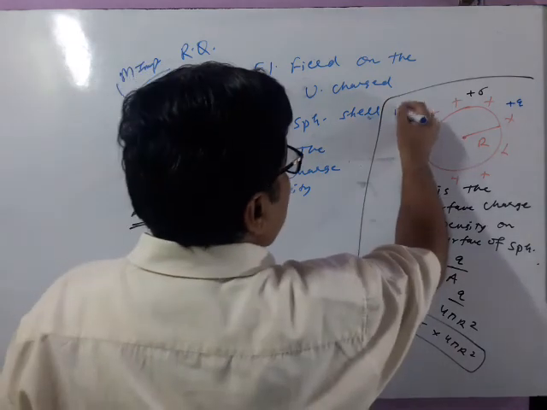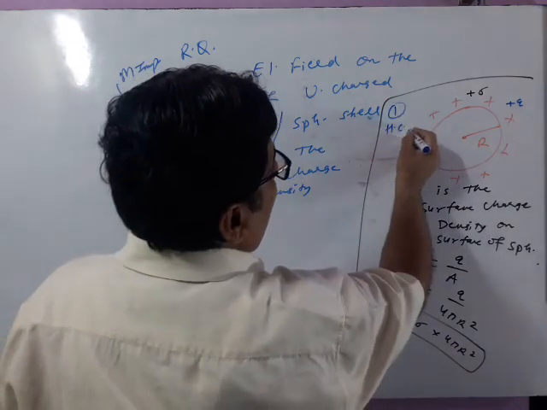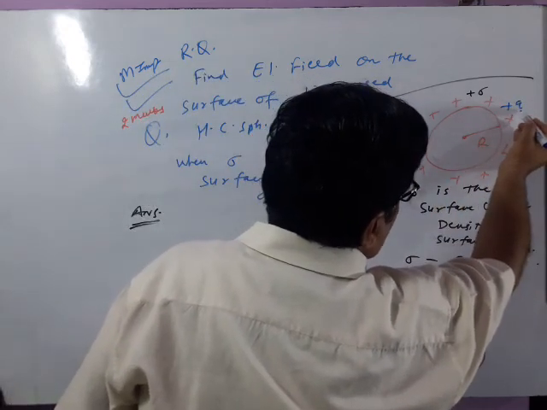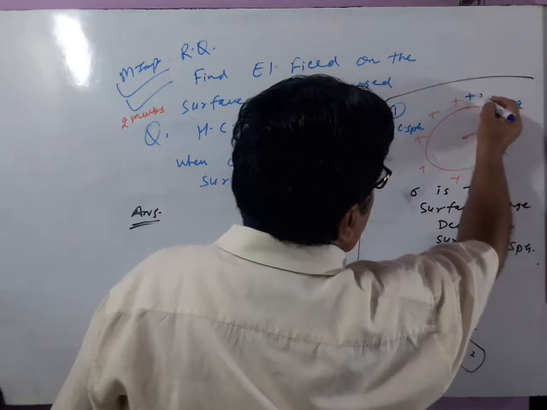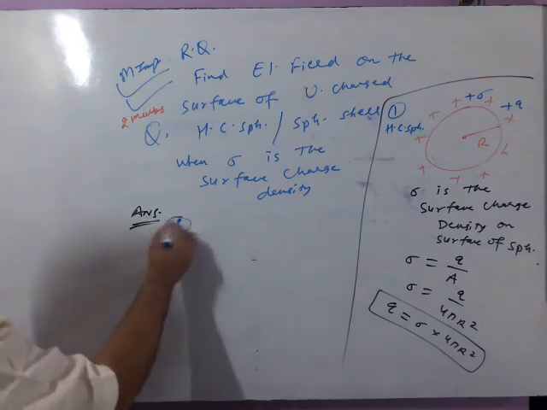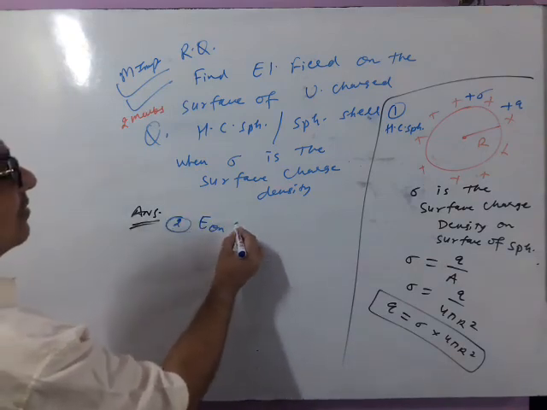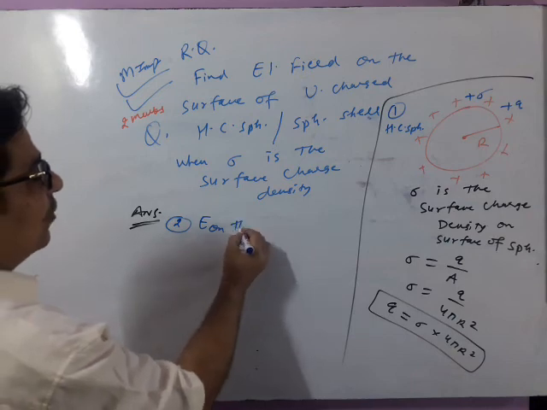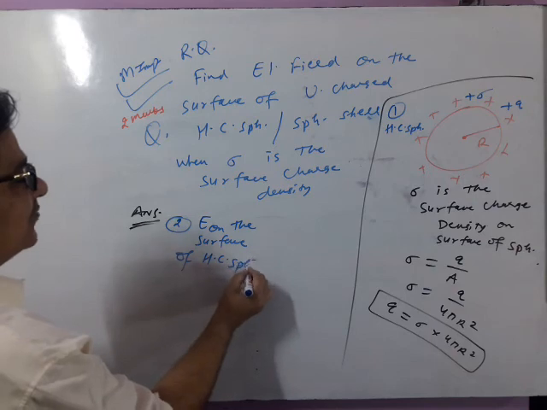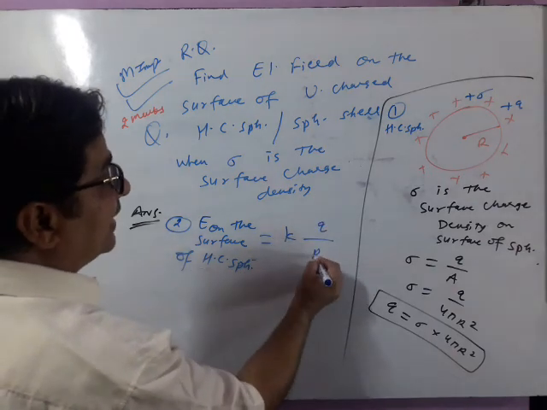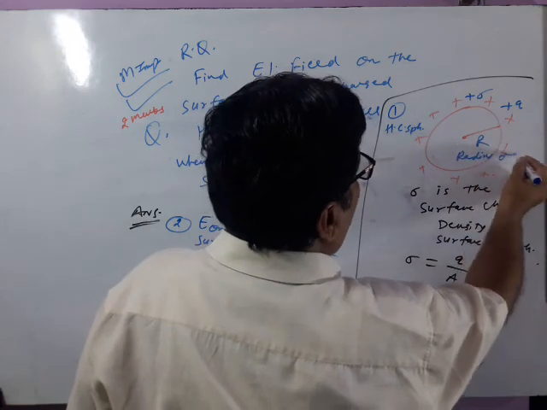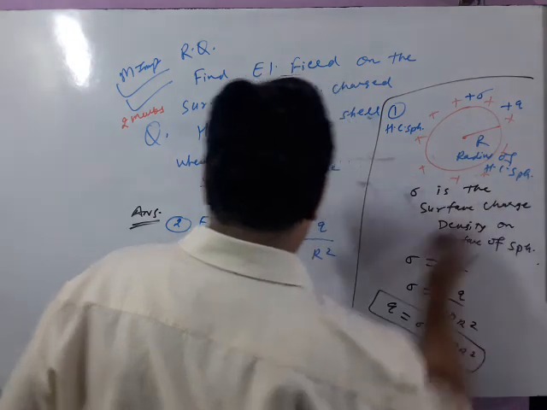You will say it is step number 1. We have considered a hollow conducting sphere on which plus q charge is uniformly distributed and surface charge density is plus sigma. This is step number 1. Then in step number 2 you will say electric field on the surface of a hollow conducting sphere is kq by capital R square, where capital R is the radius of the hollow conducting sphere.